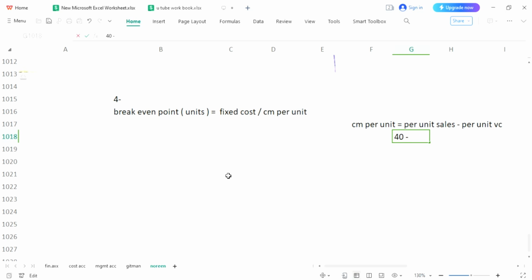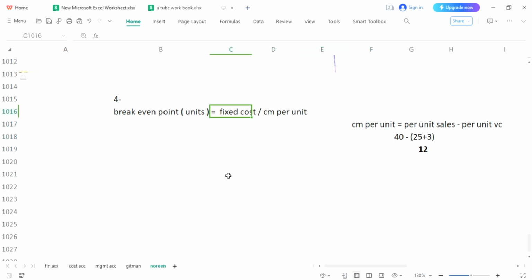How? Old variable cost was 25 and he was asking to add 3 extra dollars for commission. Understand? Now we can calculate it. 40 minus, we know that is 28, but we will follow the calculator. Okay, 12 is your new CM per unit.